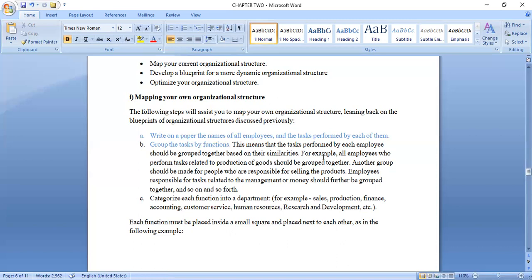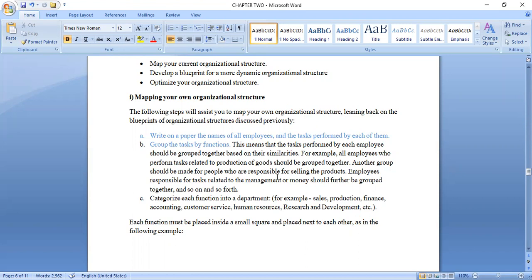For example, if they are selling products, then you categorize them under the function of what? If they are salesmen, then they are doing the function of selling the products. Are we together?